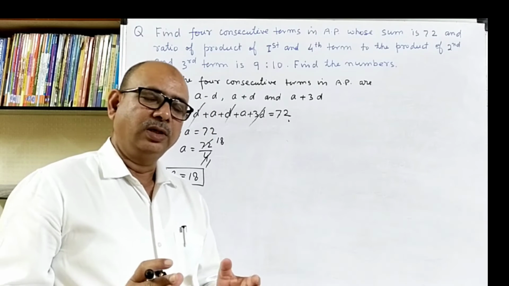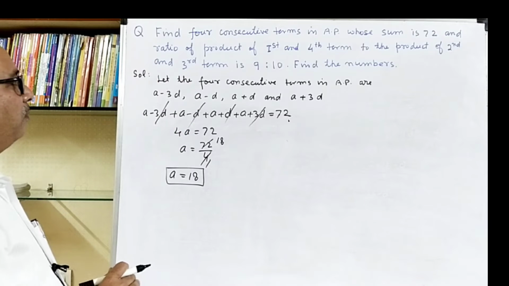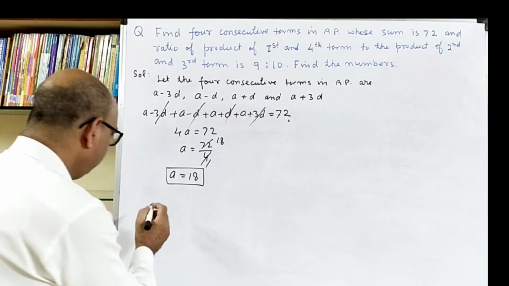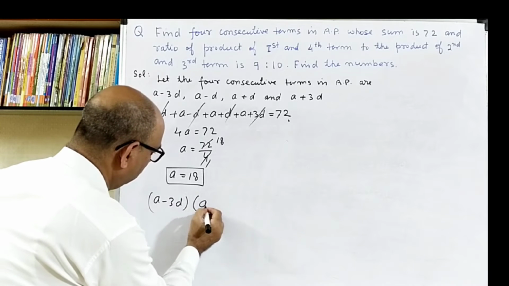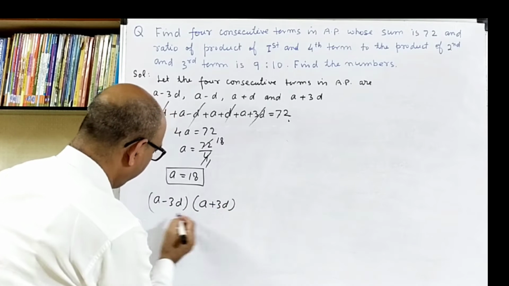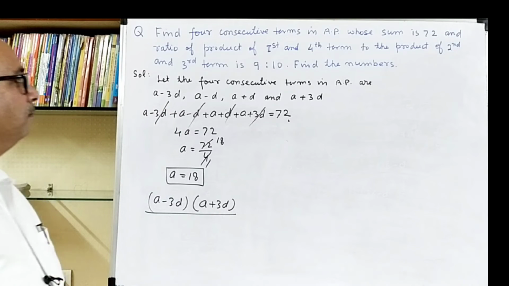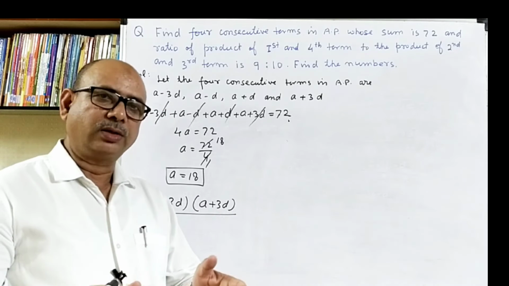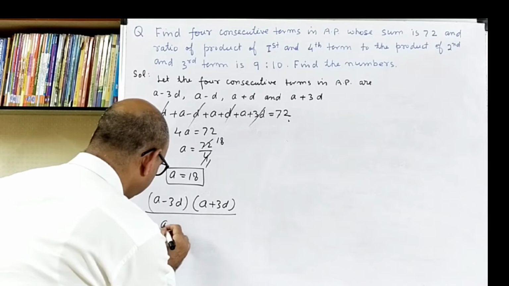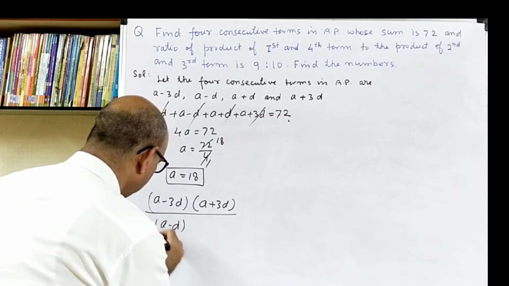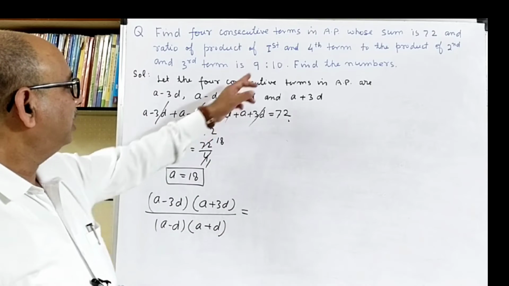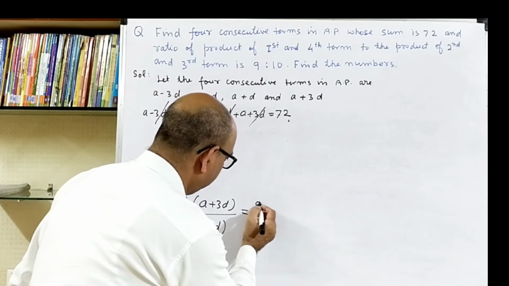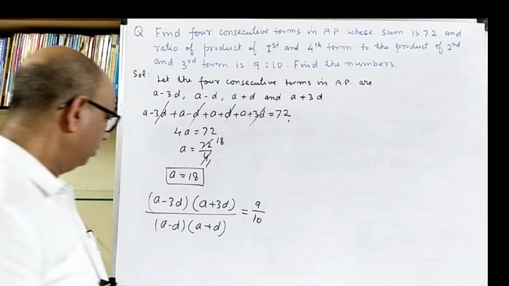Ratio of the product of first and the fourth term. That means a minus 3d into a plus 3d. Ratio means division. Product of second and third term. Second term is a minus d and third term is a plus d, and this is given as the 9 to 10. That means 9 by 10.